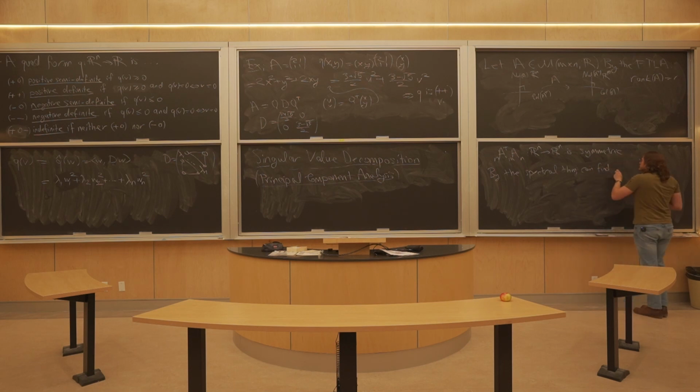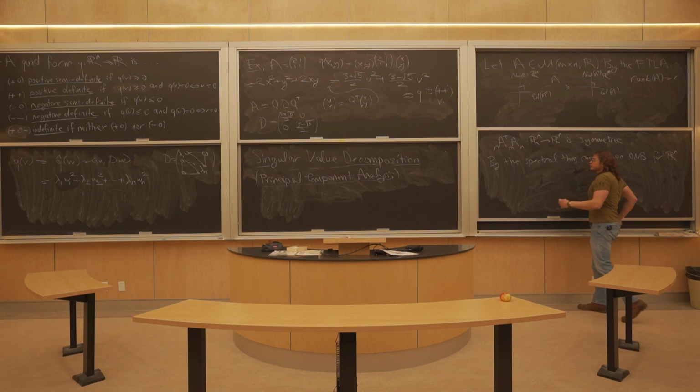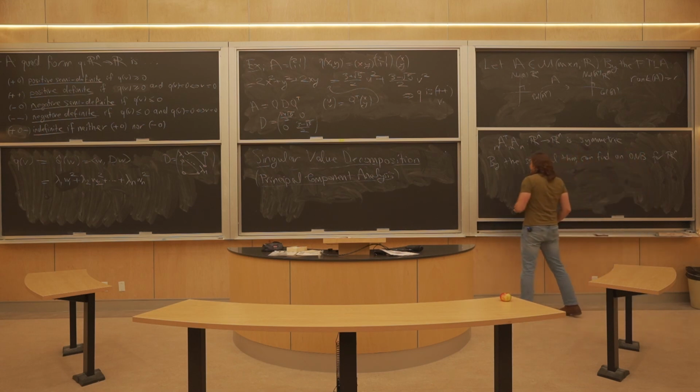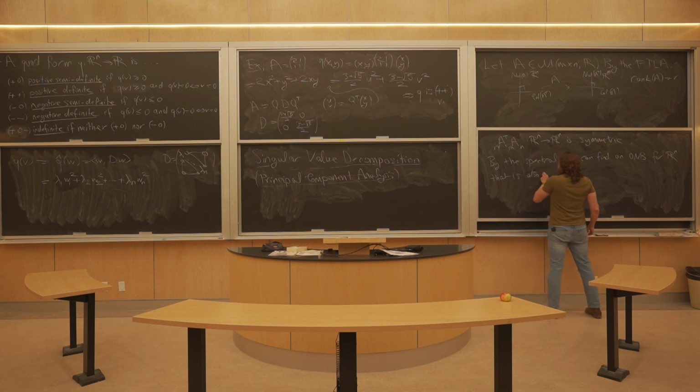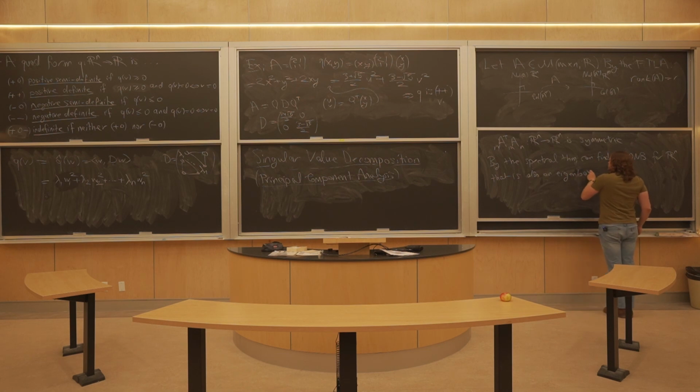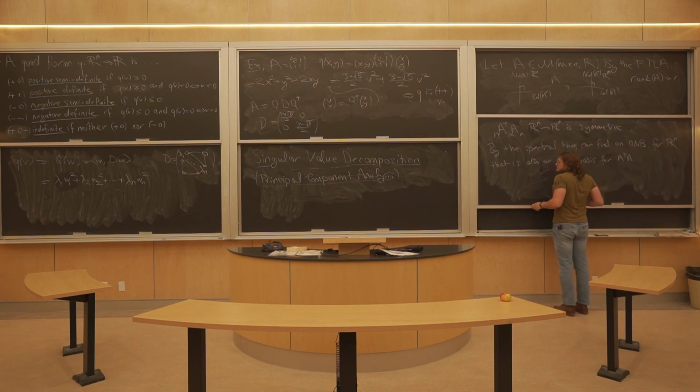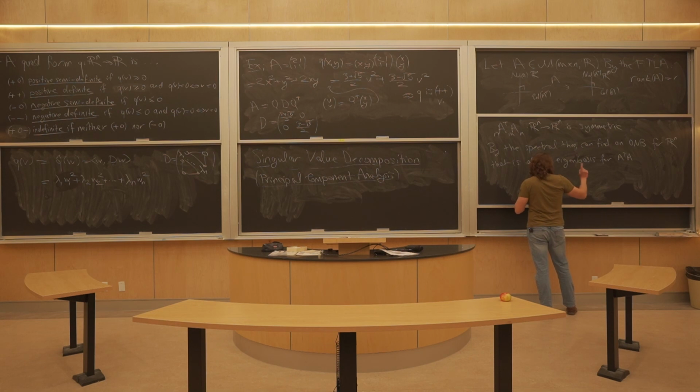I can find an orthonormal basis for Rn that is also an eigenbasis for A transpose A. Let me call these basis vectors v1 to vn.